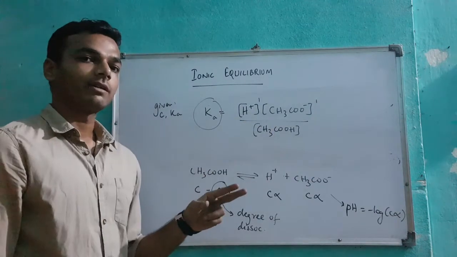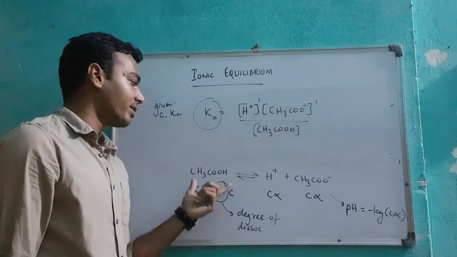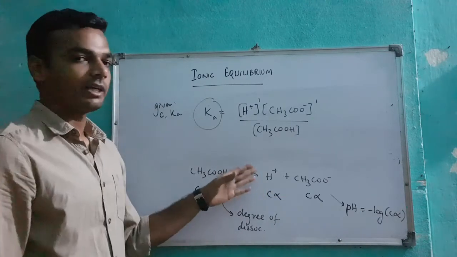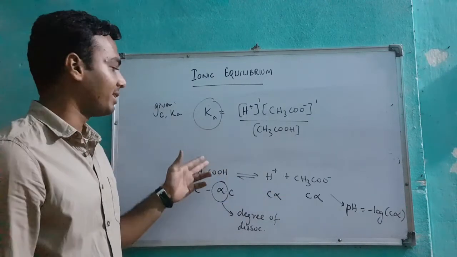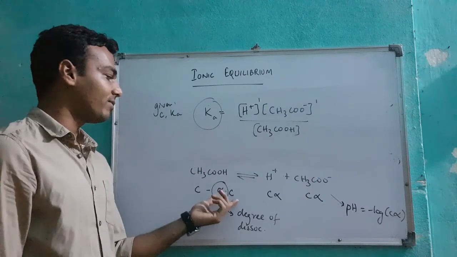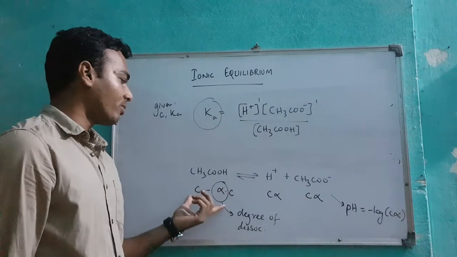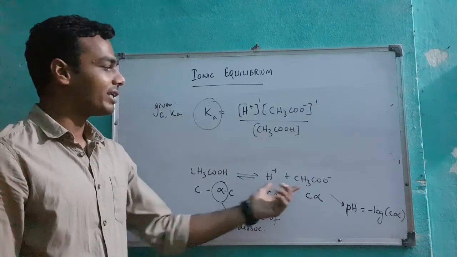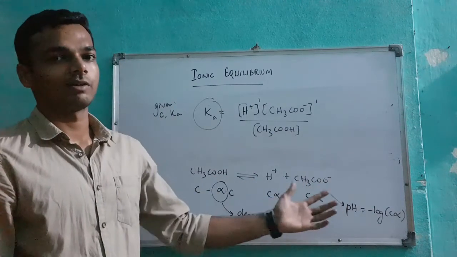After the balancing act, we need to write the concentrations of each of the species, the initial and the final. I have not written the initial here because the initial was C, 0 and 0. But finally I know that after C alpha breaks up, the amount left of CH3COOH will be C minus alpha C, and that obtained of H plus and CH3COO minus will be C alpha each.